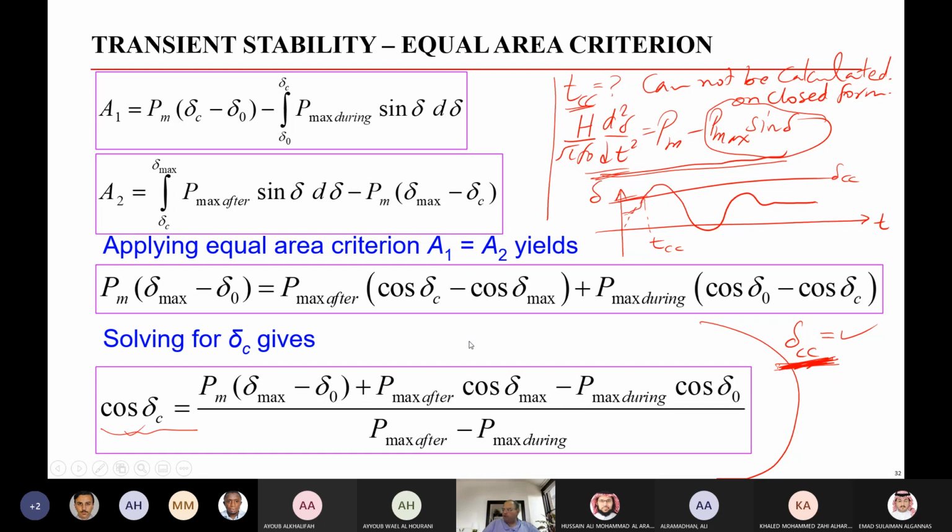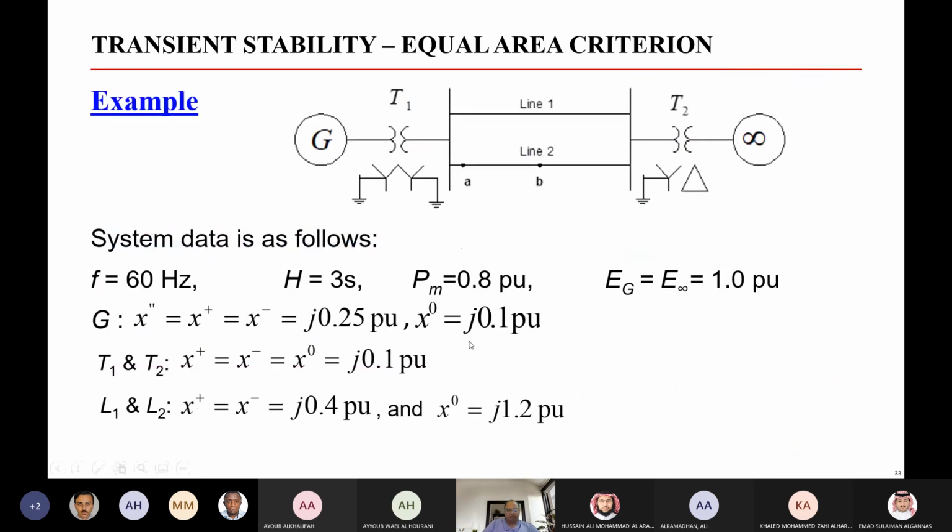Do you have any question? I think there is no time for this example, but this is an exhaustive and comprehensive example.